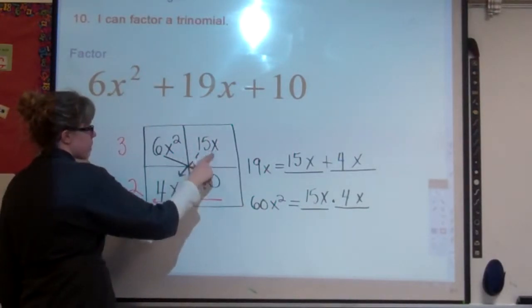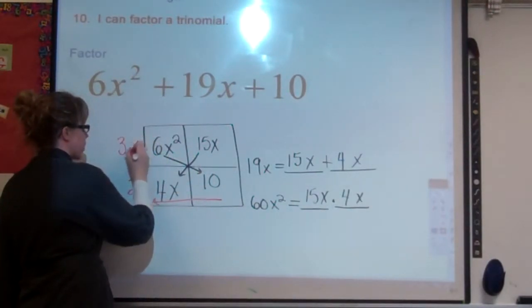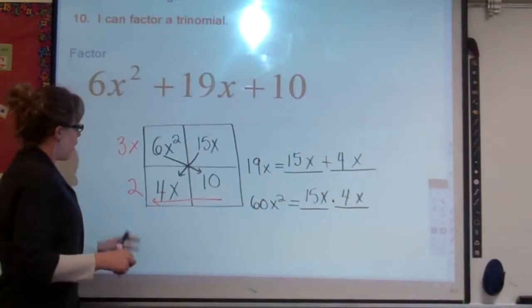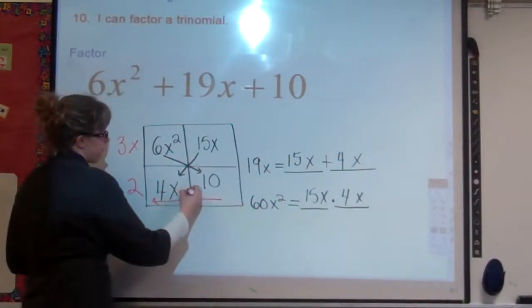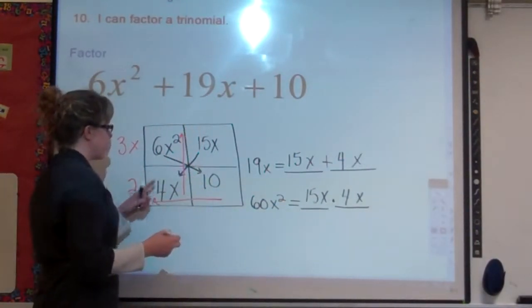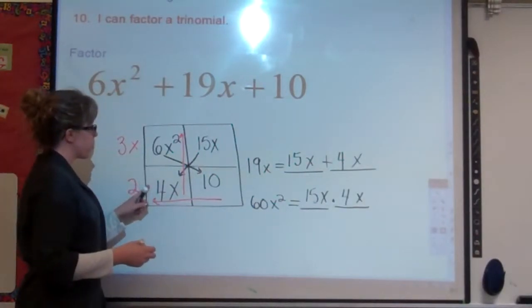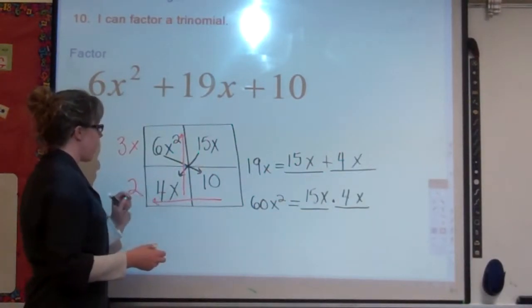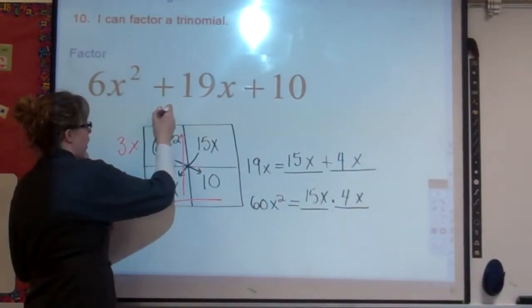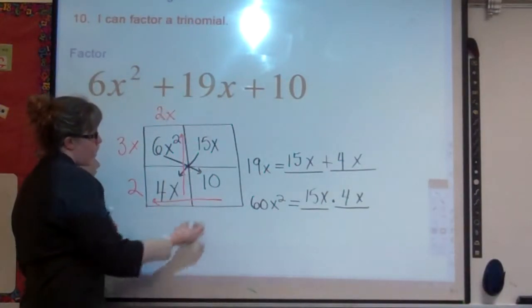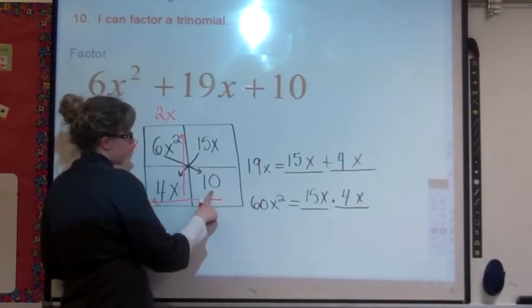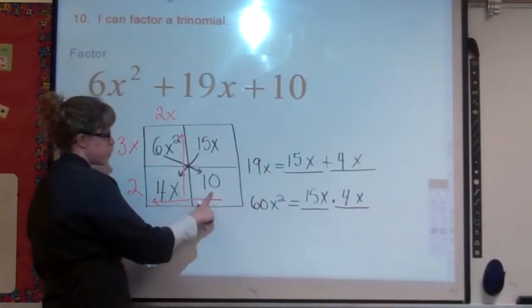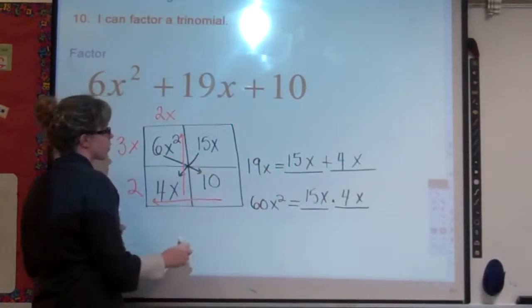And because they both have an x, we can factor out an x as well. Then going up in this direction, what's the greatest common factor between 6x squared and 4x? I think it's 2x. And going up this direction, what's the greatest common factor between 10 and 15x?